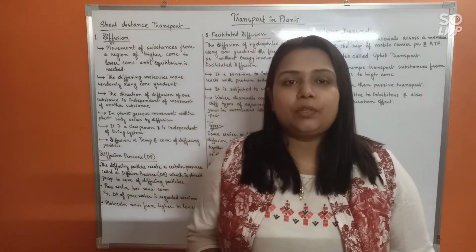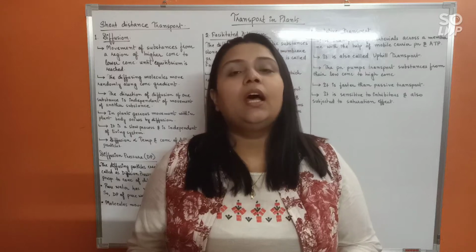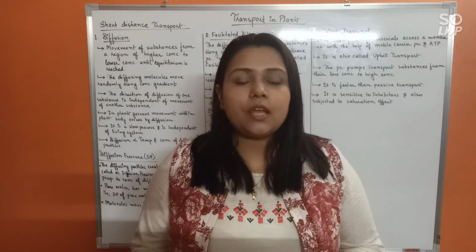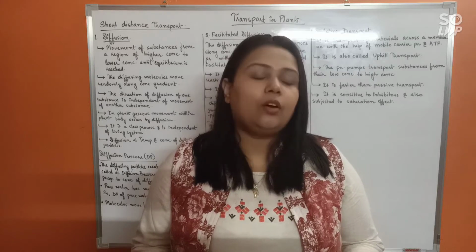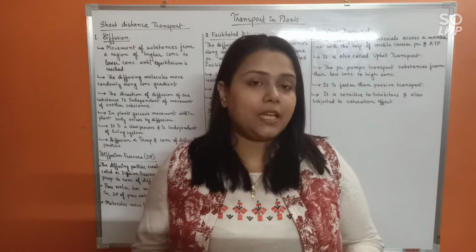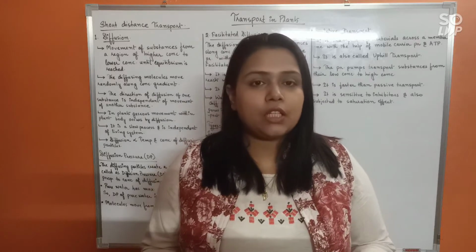So we divide the chapter into two parts. In the first part, we will be discussing certain simple processes by which cell-to-cell transport will take place. Okay, cell-to-cell transport of materials will take place, and we can call it short distance transport.